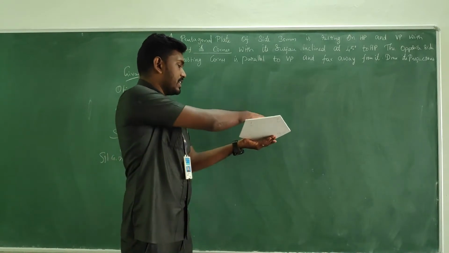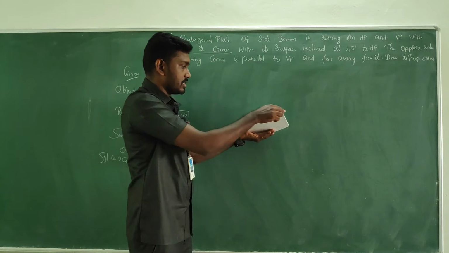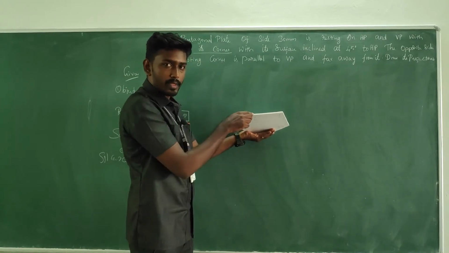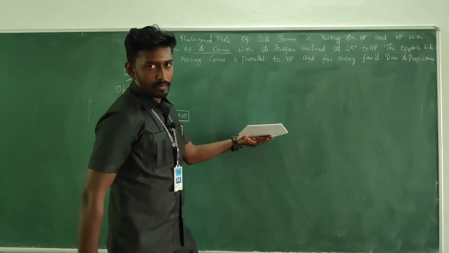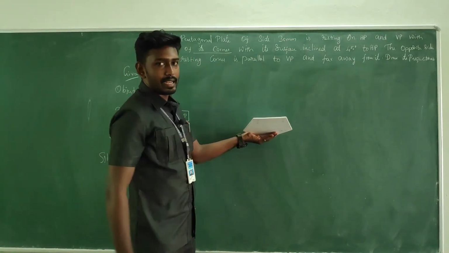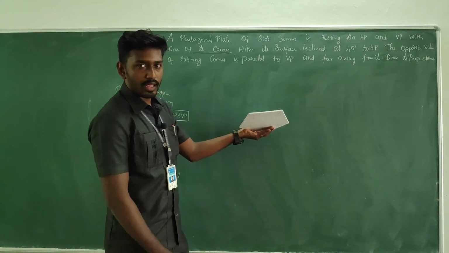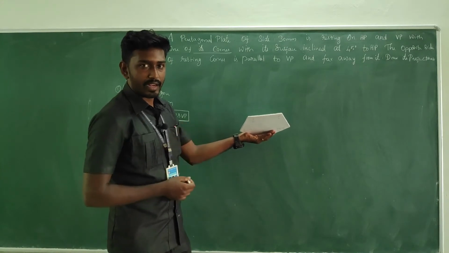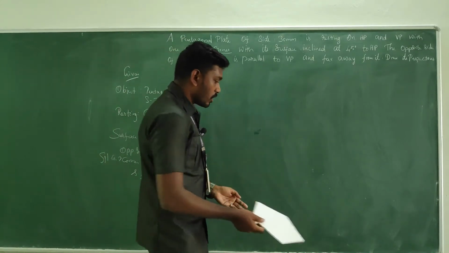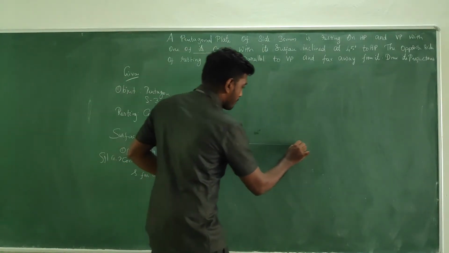That means if a corner is resting on HP and VP, the opposite side, something like this, is parallel to VP and far away from it. So this is how the final position of the object looks. For this we are going to trace the front view and final top view. So first start with the reference line.